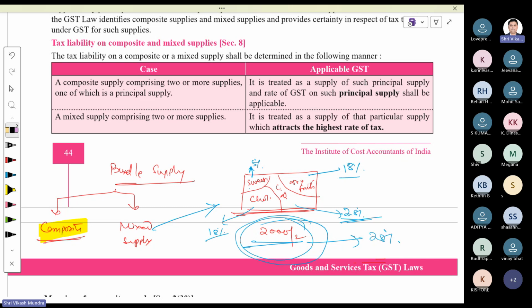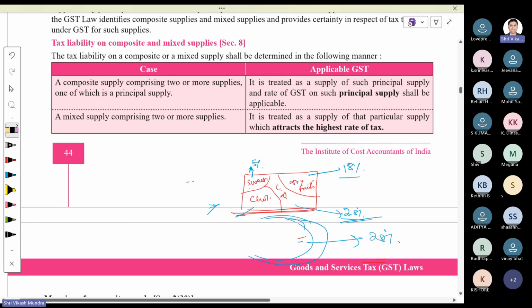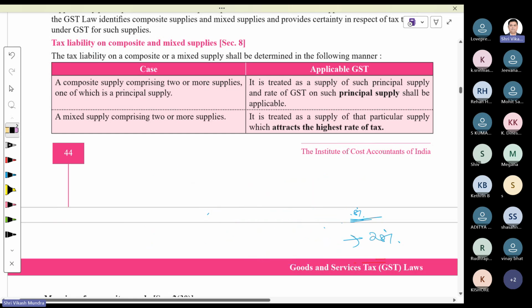Is it clear? What is the difference between composite supply and mixed supply? We are required to identify whether the bundle is constituted as a mixed supply or a composite supply. Depending on that, we are required to identify the rate applicable on the entire bundle. If the bundle is constituted as a composite supply, the rate applicable on the principal supply will be applicable on the entire value.